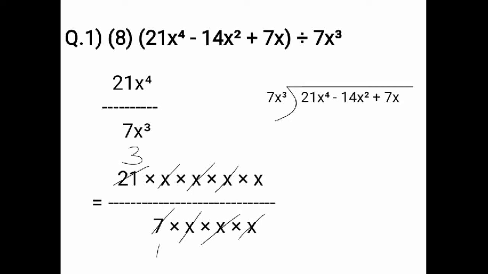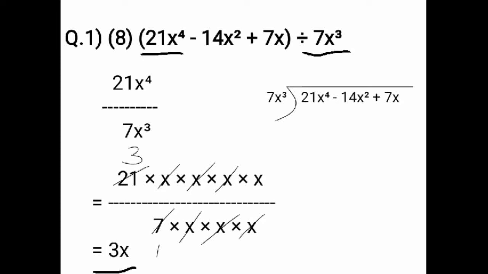Now you have to multiply numerator what is left. 3 into x is 3x. Denominator is nothing is left to multiply. When you divide the number 21x raised to 4 by 7x cube, you are getting the quotient 3x.